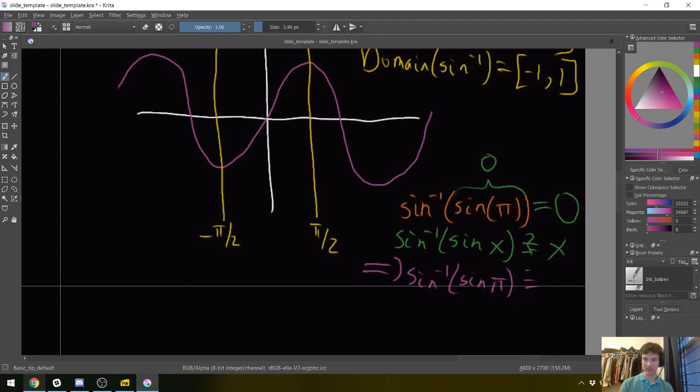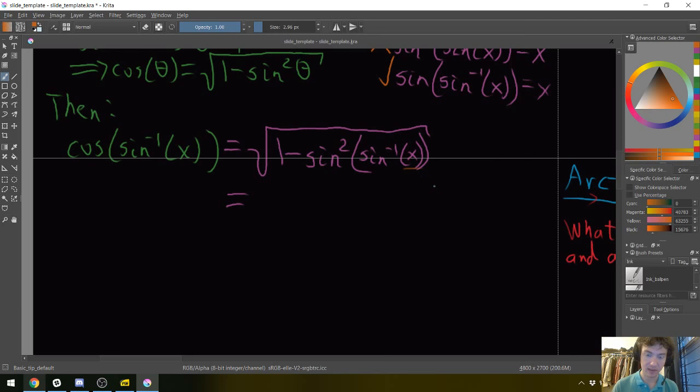Okay, good. Now that we're happy with that, which of those two cases happens here? Remember, sine squared means sine of the quantity squared. So this is the same as sine of sine inverse x quantity squared. What does that simplify to on the next line?